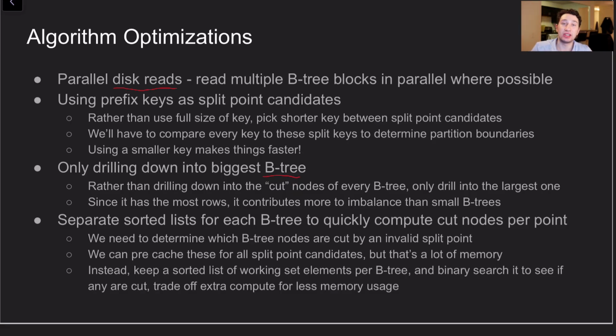Moving on, finally, like I mentioned, whenever you have a bad partition point, right, so you put a split point down and the partitions on either side aren't looking good, you have to basically determine which pieces of each B tree and each delta this split point cuts or overlaps with, such that you're not sure exactly where all the rows are. In this case, you've got a couple of options to make this computation relatively fast.